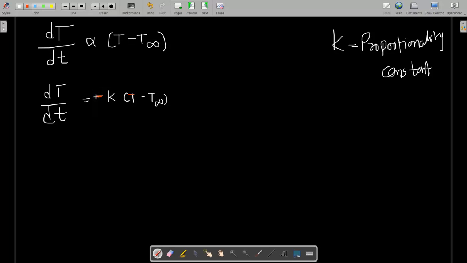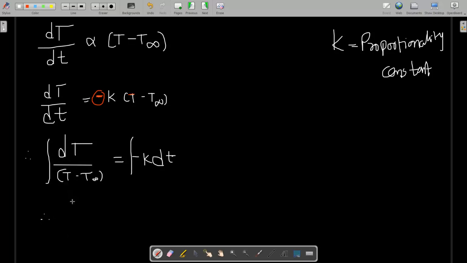Now solve this equation. We can solve it by the variable separable method. So dT by T minus T infinity is equal to minus k times dt. Now take the integration on both sides.